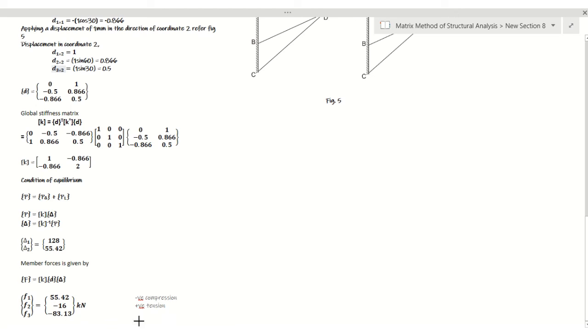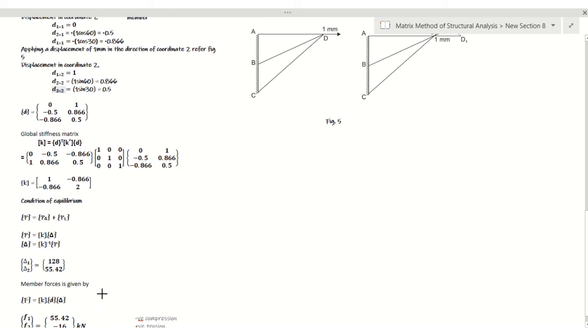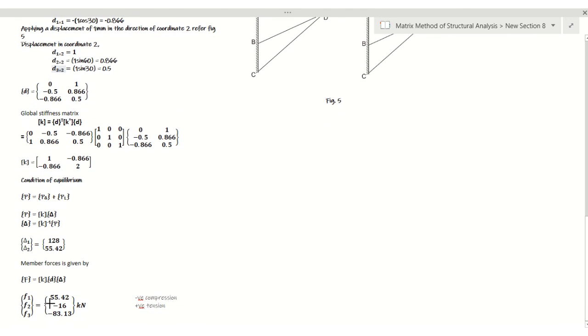Here force in member AD is 55.42 kilonewton. Force in member BD is minus 16, indicating it is compression. Force in member CD is minus 83.13 kilonewton. These two are under compression, which is why they come out negative. So we have got all the forces in these members using the stiffness transformation method.